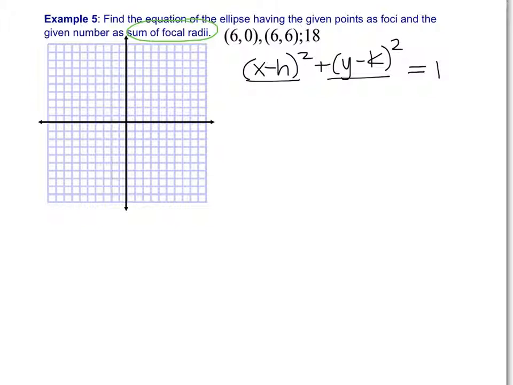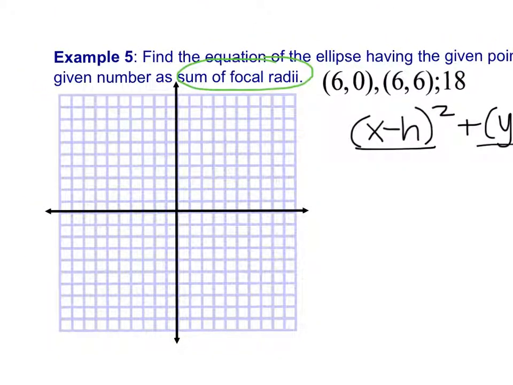So let's put what we know on the graph. Those 2 points are focal points, the points 6, 0 and 6, 6. So let's get those on there. So 6, 0, 1, 2, 3, 4, 5, 6, and then up 6, 1, 2, 3, 4, 5, 6. So if these are my focal points, I automatically know where my center is, right?